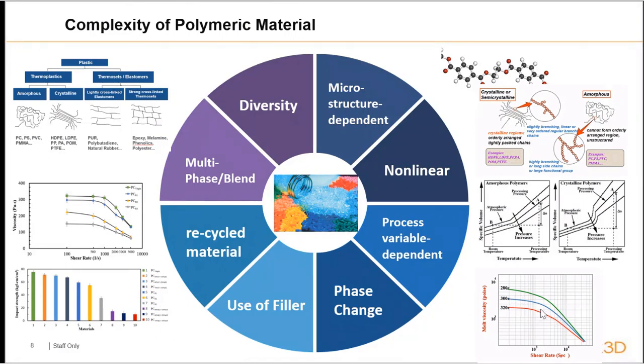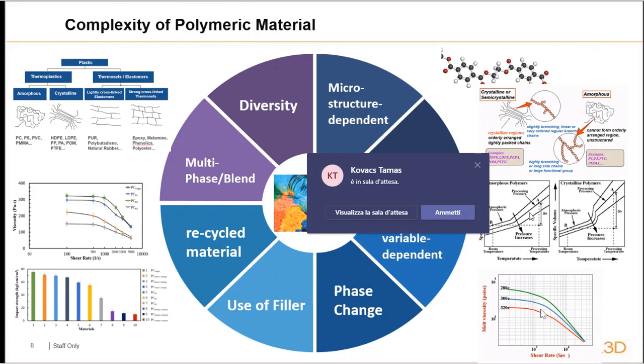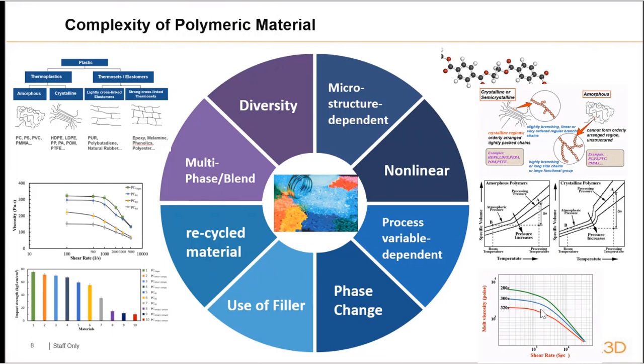So usually our users want to know the flow behavior, but they just have an MFI value. Everybody knows an MFI value is a single point value; you get this data from a single point test. However, the properties of polymers depend on temperature, on shear rate, and on several different process conditions.